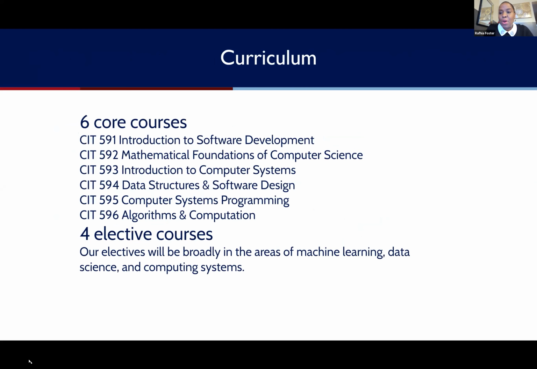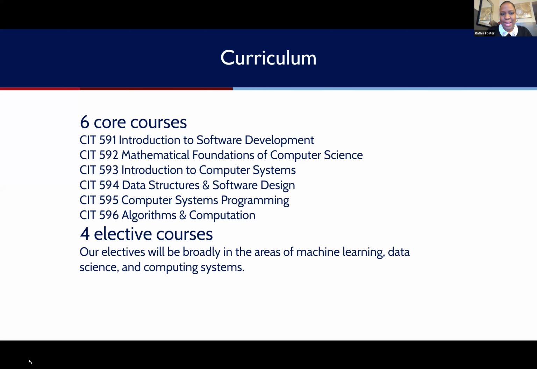Our curriculum includes 10 different courses in order to graduate from the program. There are 6 core courses which provide you the foundational basics for the computer science degree. After that, you're able to take 4 different elective courses to supplement that information. We have courses in machine learning, data science, computing systems, blockchain systems, and more.